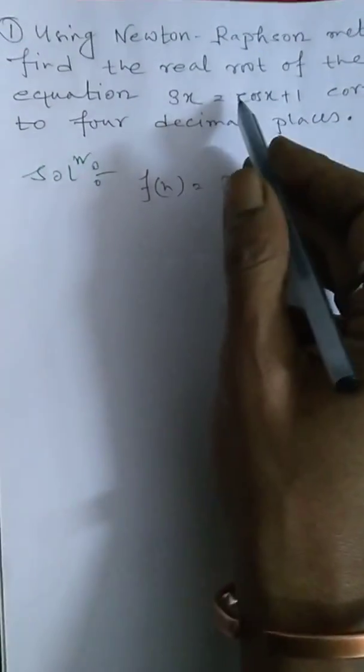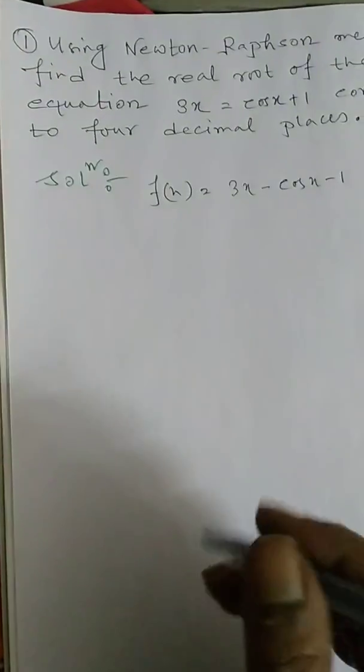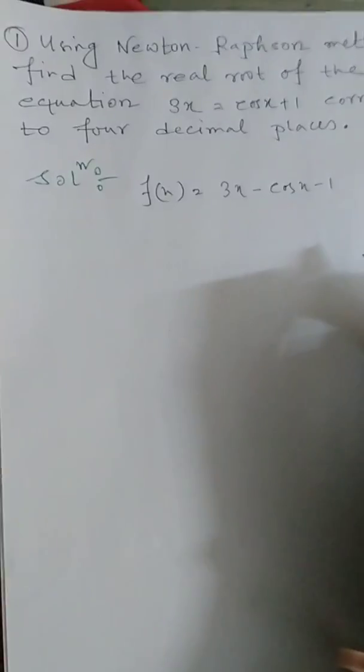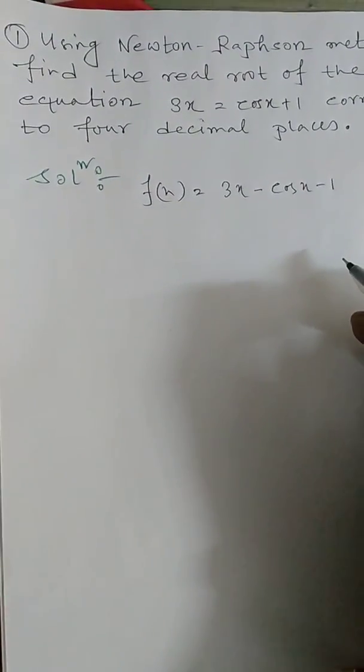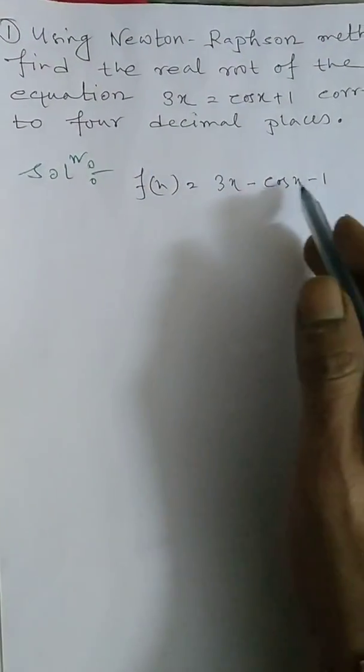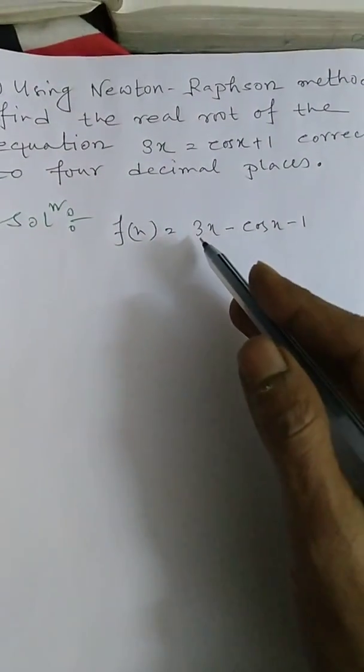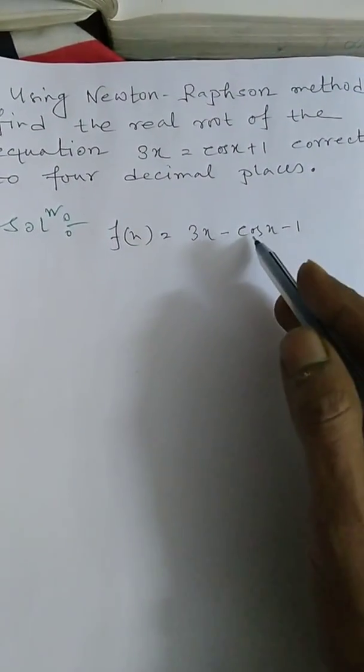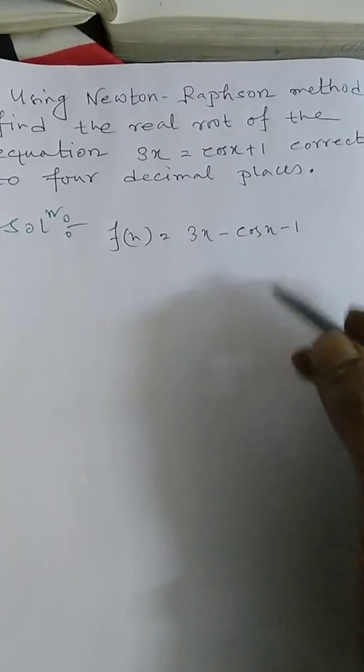So we can say the function is 3x minus cos x minus 1. Okay, so this is the function. As we see, the function here is a mixed function. This is algebraic and this is trigonometrical.